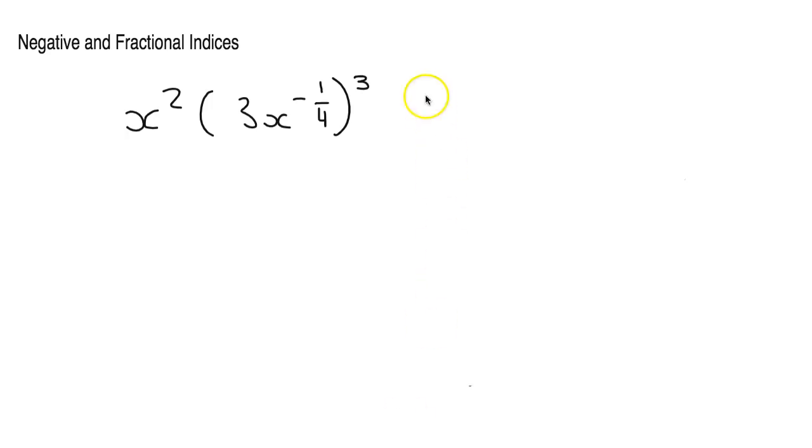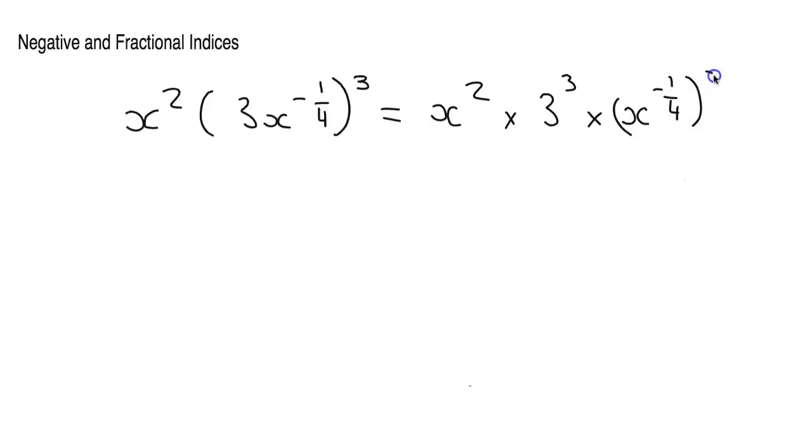So the first thing we could do here is rewrite this as x squared, and then instead of this bracket, we can actually write that as 3 to the power of 3 times x to the minus a quarter to the power of 3.